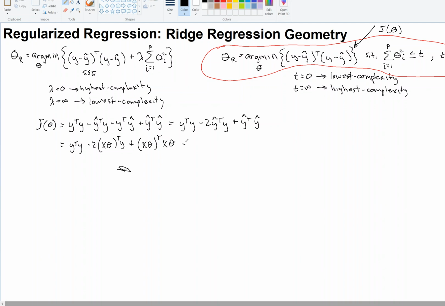If we FOIL that out, or bring the transposes in, we have y transpose y minus 2 theta transpose x transpose y plus theta transpose x transpose x times theta. So this is what we've got. This is still just the sum squared error. Now for two dimensions, so I can plot this, I'm just going to write 2 dimensions.